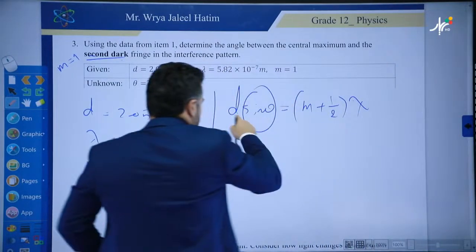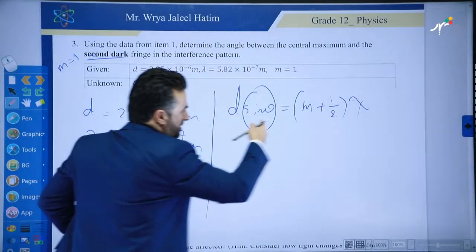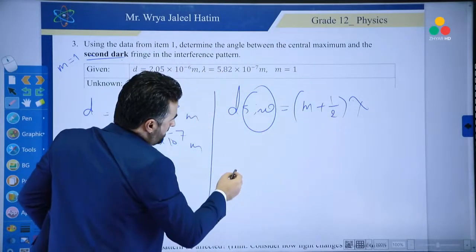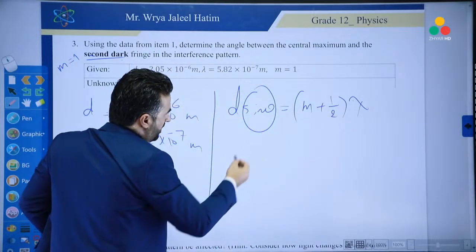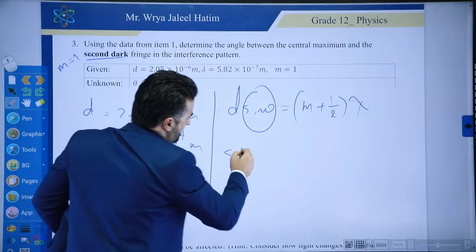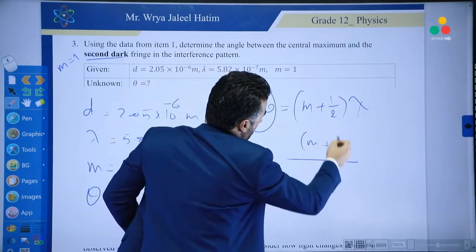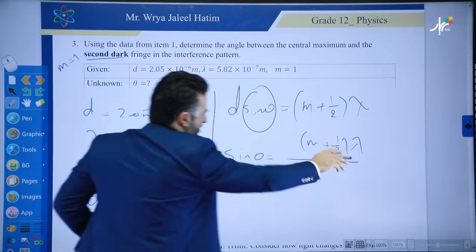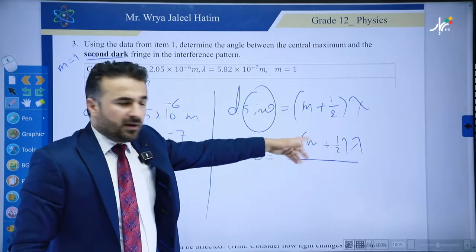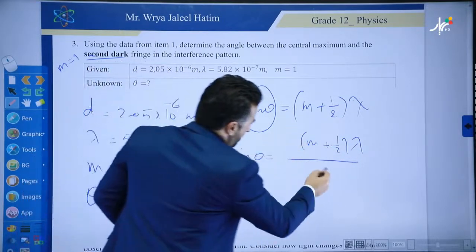I'll send the distance between the two slits under this, or perhaps I can do it in two steps. So sine theta equals m plus 1 over 2, and then lambda. It would be easier if you plug in the numbers, do the math, and then divide by the distance here.